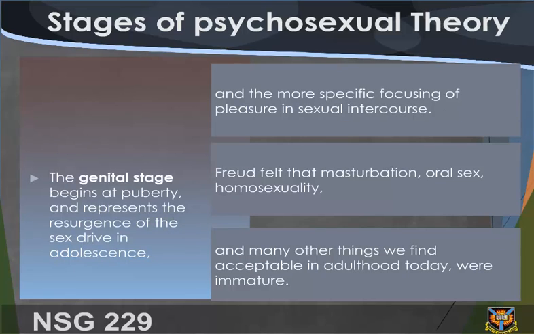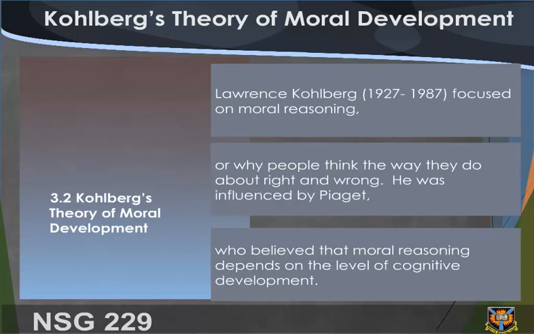The genital stage begins at puberty and represents the resurgence of the sex drive in adolescence and the more specific focusing of pleasure in sexual intercourse. Freud felt that masturbation, oral sex, homosexuality, and many other things we find acceptable in adulthood today were immature.